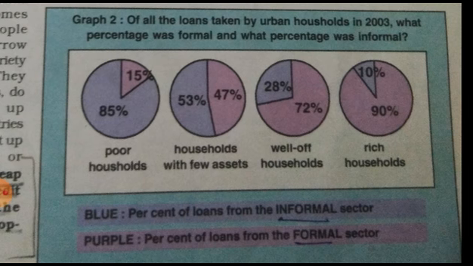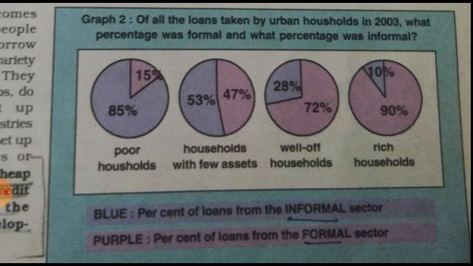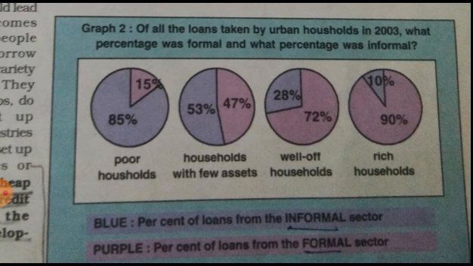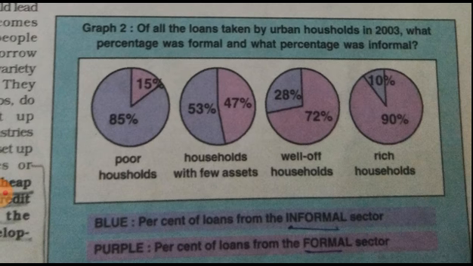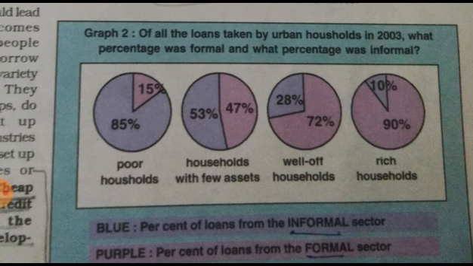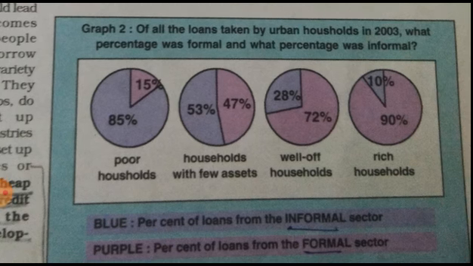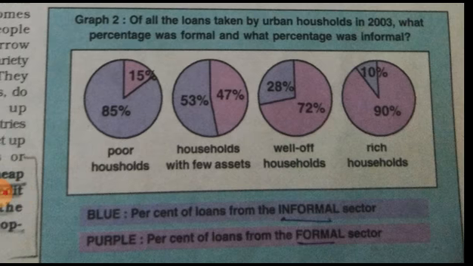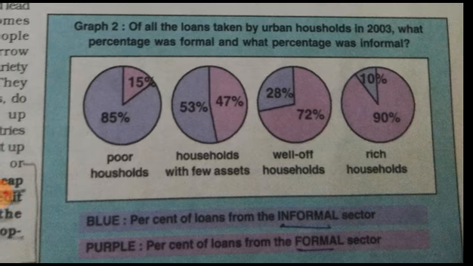What does all this suggest? First, the formal sector still meets only about half of the total credit needs of the rural areas, and the remaining credit needs are met from informal sources, where the rate of interest is much higher.